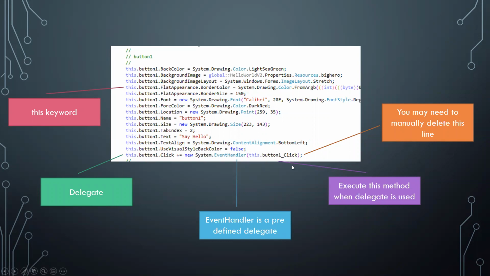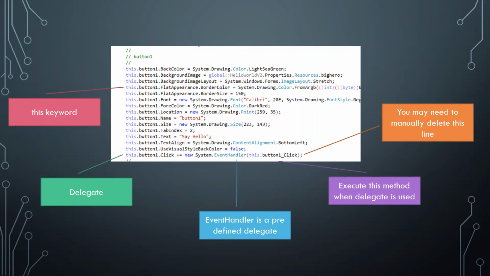Well, for us, here's our delegate code, this last line. So our event handler here is a predefined delegate. C# already has that set up. And it says, hey, whenever there's an event handler, we're going to run the method name that gets passed.